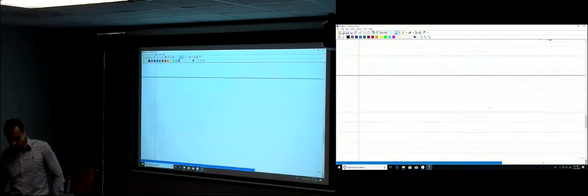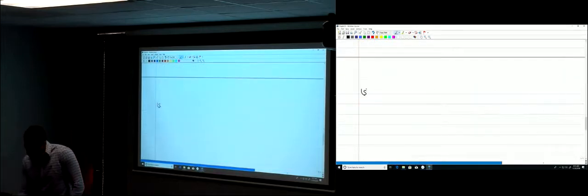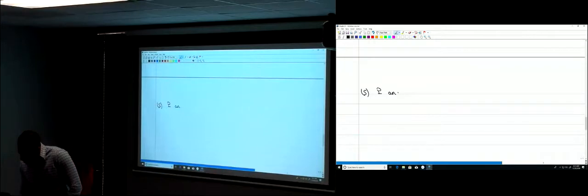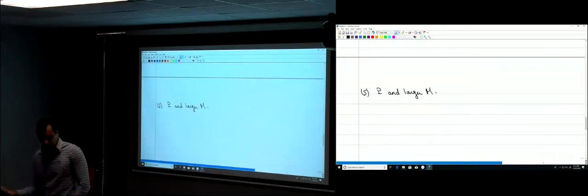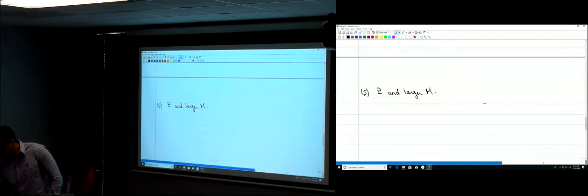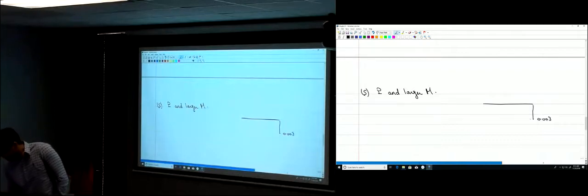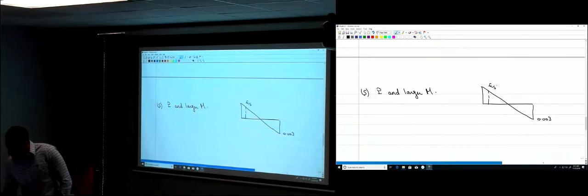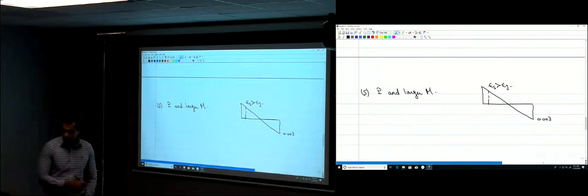So this is P, and a larger moment. How would the strain distribution look? Again, here at failure, this is going to be 0.003, and epsilon steel will just become larger than epsilon yield.